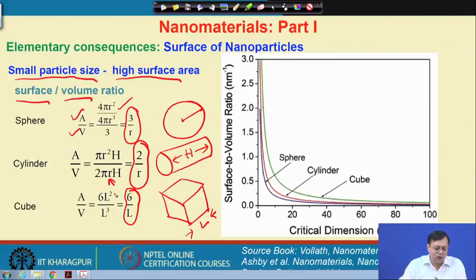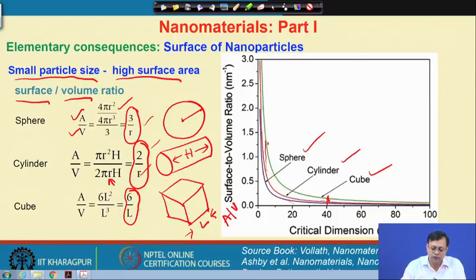And now, one can take this equation and plot it here, A by V in the y axis, and in the x axis the dimension, let us say in case of R or L and so on. So, here you see that up to 40 nanometer these values are relatively lower, but it suddenly jumps above 1, irrespective of sphere, cylinder and cube.